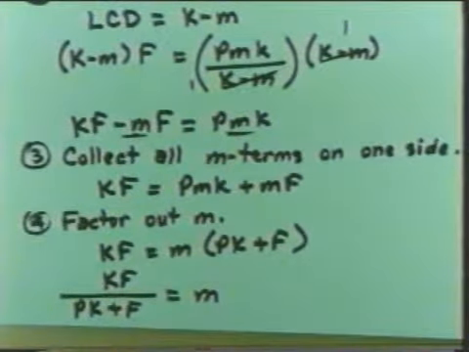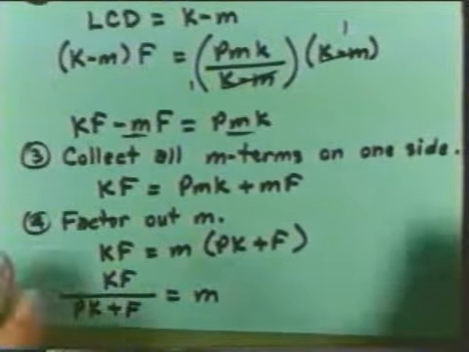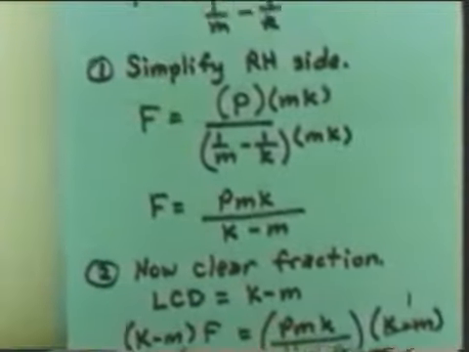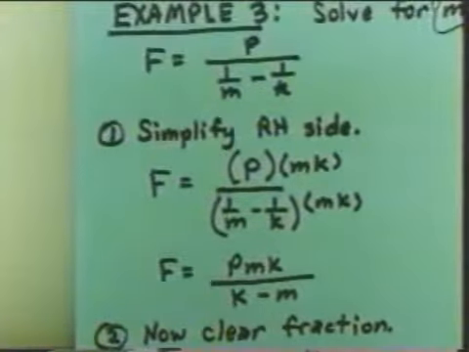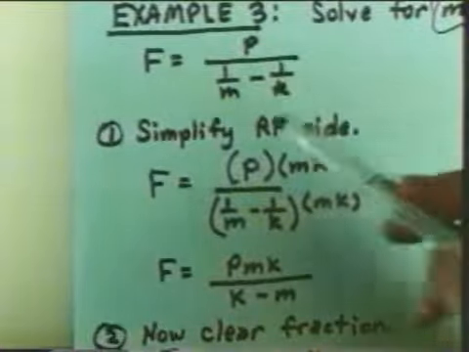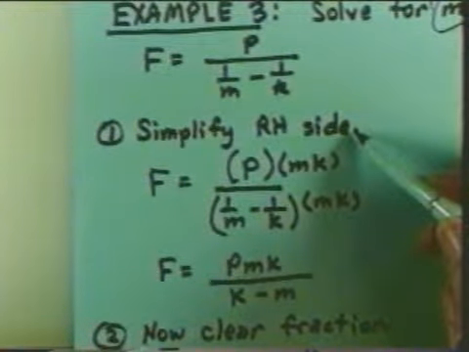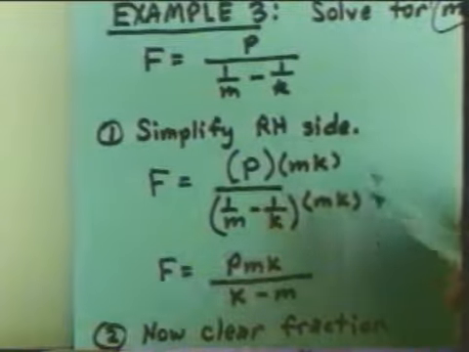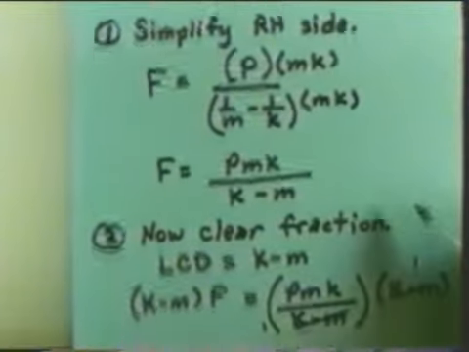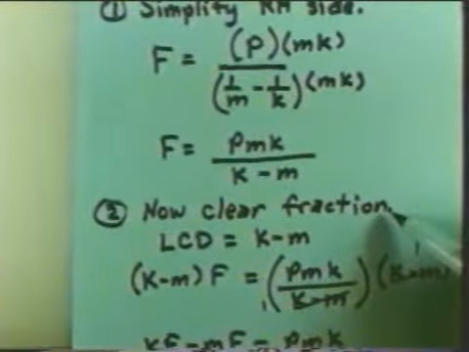As we went through this, you may not have written down this sequence of steps that I've numbered 1 through 4. Let's go back and take a quick look at those. Since we have a complex fraction, we need to simplify the right-hand side. So our first step was that, simplify the right-hand side. After the right-hand side was simplified, then we cleared the fractions. In this case, there was only one.